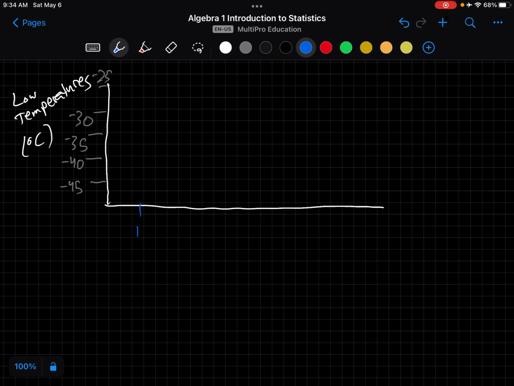Okay, and we're going to look at different days. So we're on day 1, day 2, day 3, and day 4. All right, and we're going to look at the data here. So this is going to be a line graph. We're going to connect these dots with the lines.